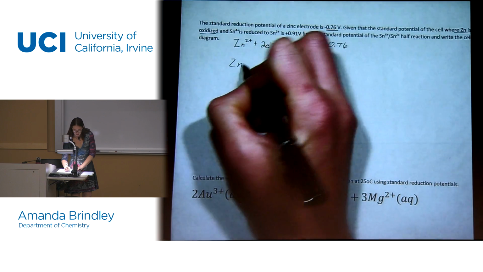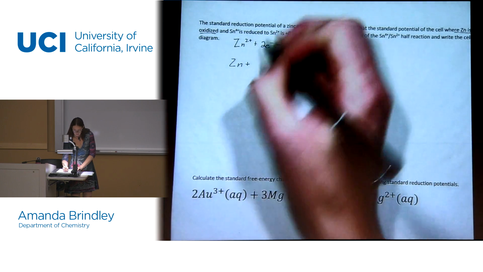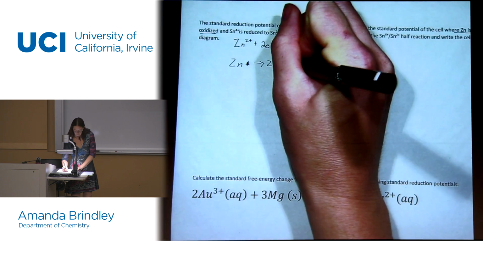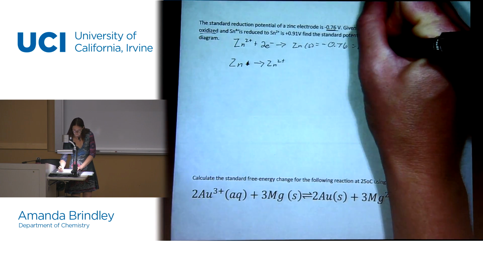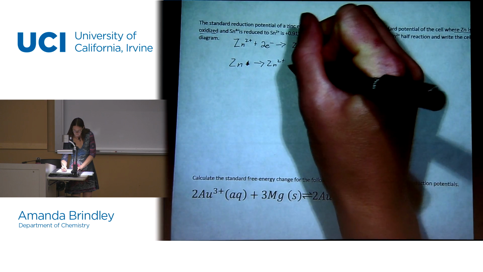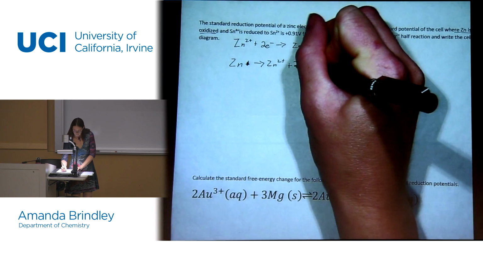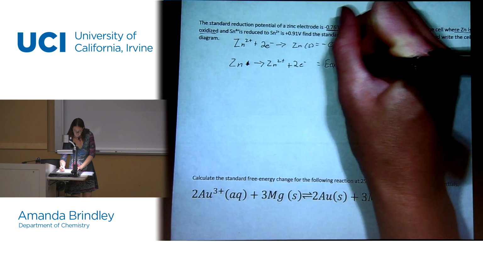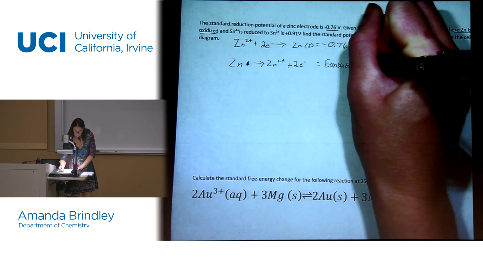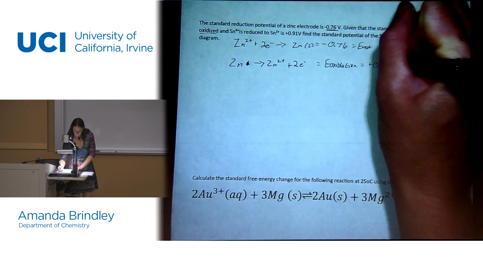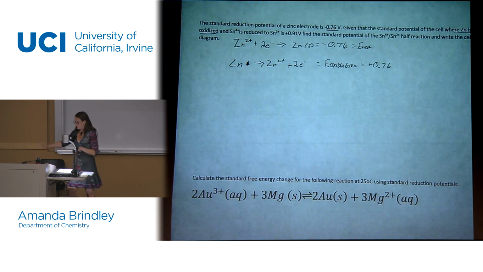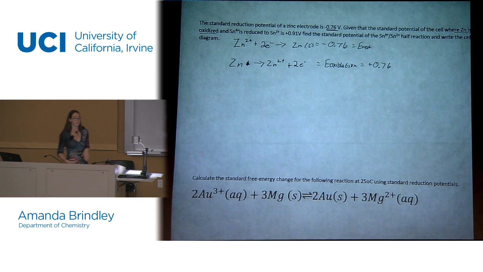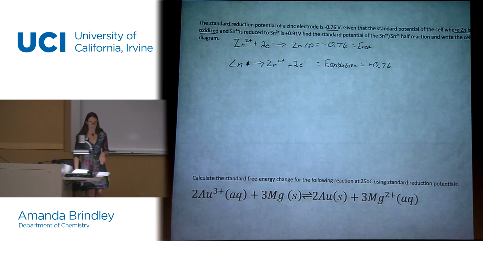And I'm going to go ahead and write it flip-flopped as well. I'm going to just write our oxidation real big there so you make sure you recognize that that's me having already flip-flopped it. That's me having already changed sign.